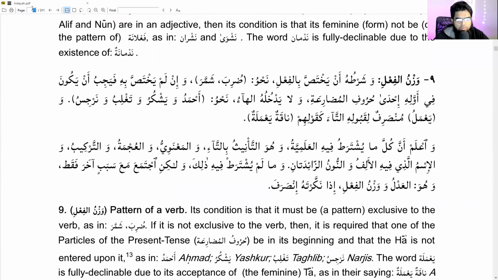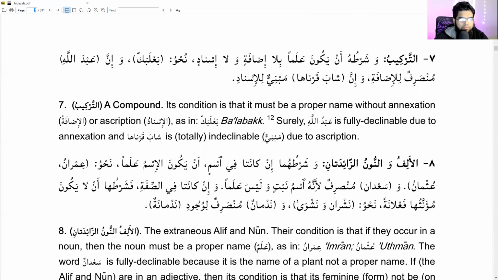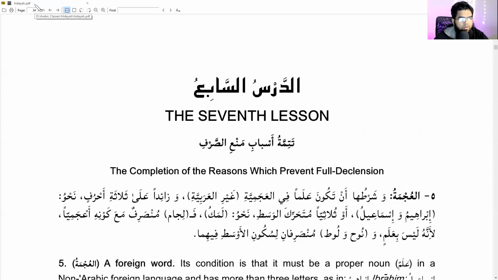So let's go to our footnote. 297, right?